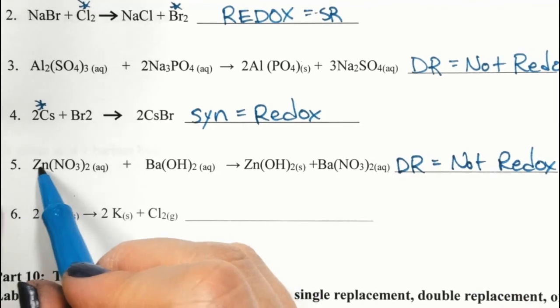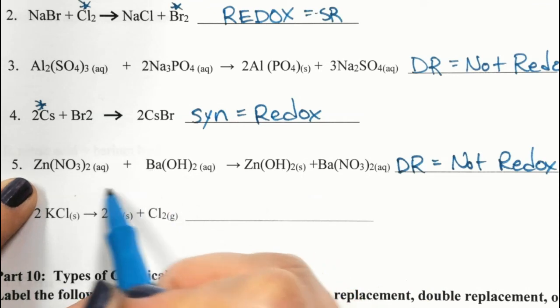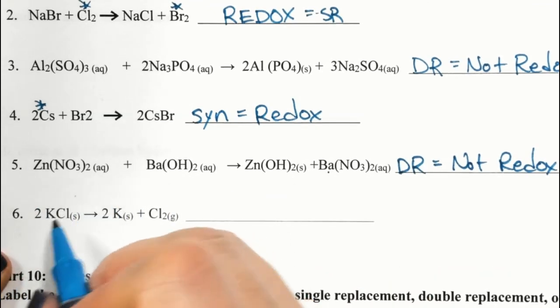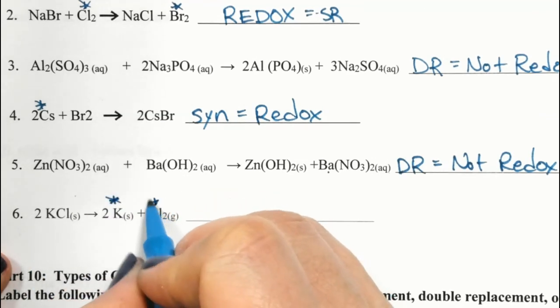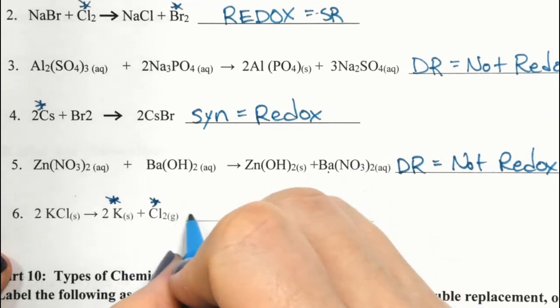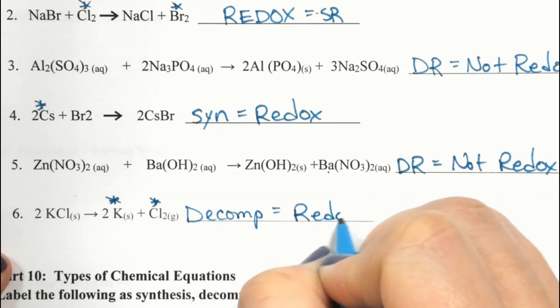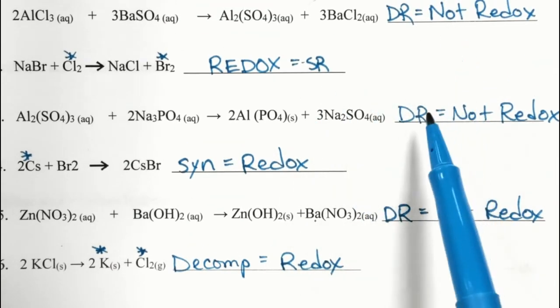Again, you have first and last, zinc hydroxide, third, second, barium nitrate. And then in number 6, we have a compound yields 2 single elements. This is a decomposition reaction, and therefore it is a redox reaction. So everything's redox except for double replacement.